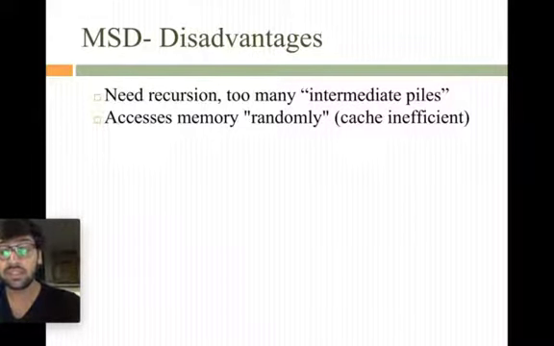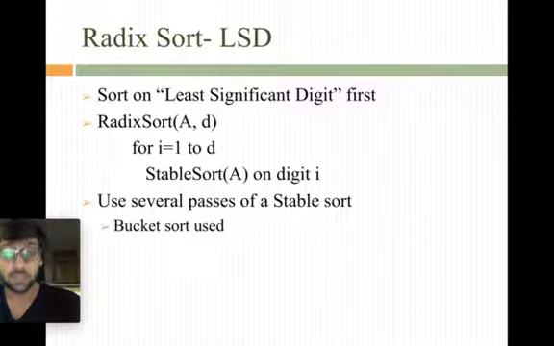So this requires huge memory, because it needs to store so many intermediate files, and we need to access the memory. Secondly, since we need to sort them, that is quite a random access. So the MSD algorithm is cache inefficient, which might increase the running time of the algorithm slightly, but not theoretically.